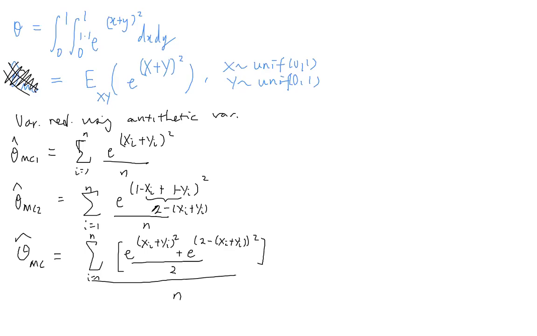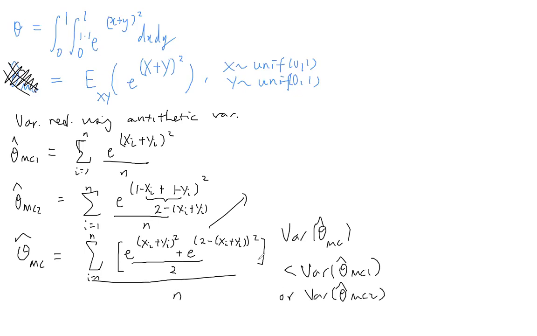Once you simulate a pair, you have xi plus yi, you just subtract it from 2 and construct a function like this. This should give you a smaller variance than the variance of the first or the second.